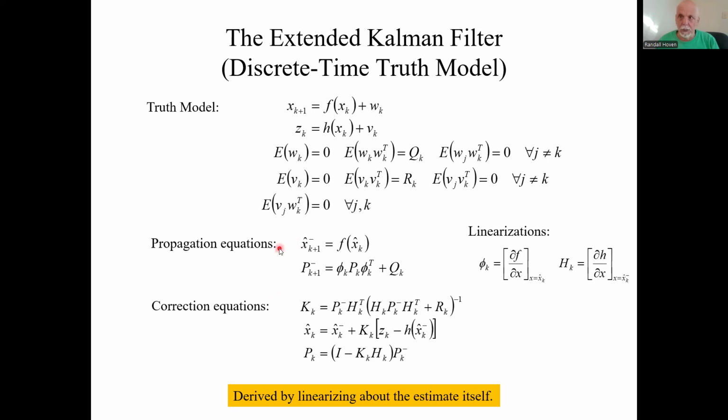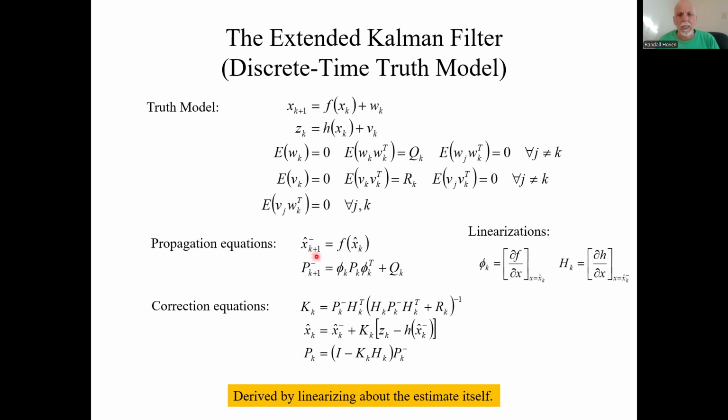We have propagation to get from one time step to the next time step. And we have the correction equation, which is how to process the measurement once you're at that new time step and you get the measurement there. So it's that same recursive framework of the Kalman filter, very similar looking equations.